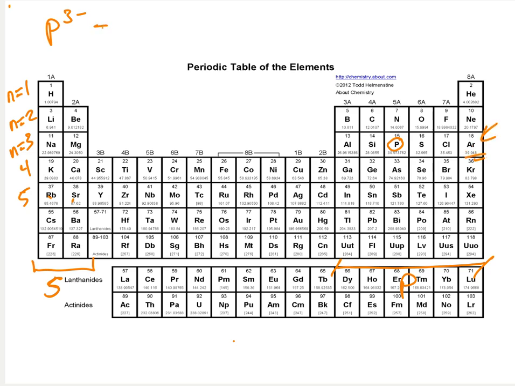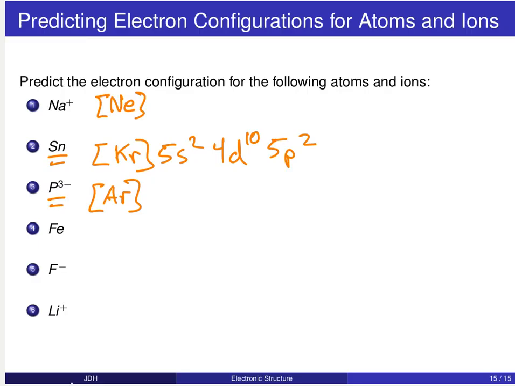And so using our shorthand notation, we can quickly write out the electron configuration for phosphorus 3- as argon in brackets.